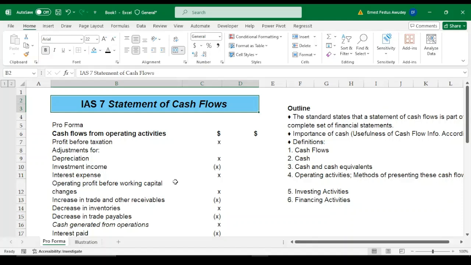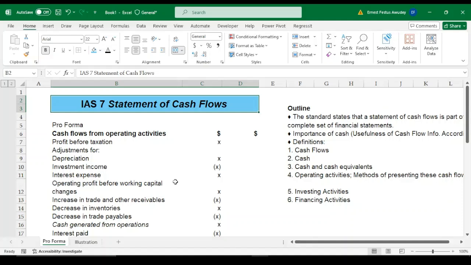Everything you need to know to understand consolidated financial statements has been covered right here on this channel. All right. And then we also covered IAS 28, that is investments in associates and joint ventures. Those have also been covered under consolidated financial statements. So do check those videos out.